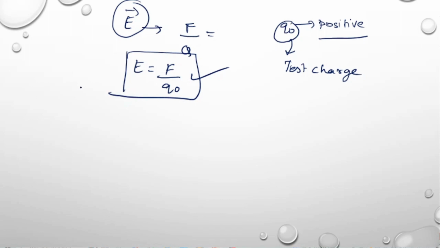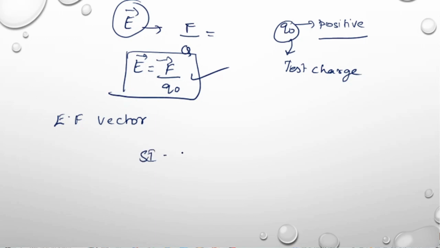Now your test charge will always be positive. This is an expression you have to write. It's in vector form: electric field is a vector and force is also a vector. So we have discussed the SI unit of electric field.